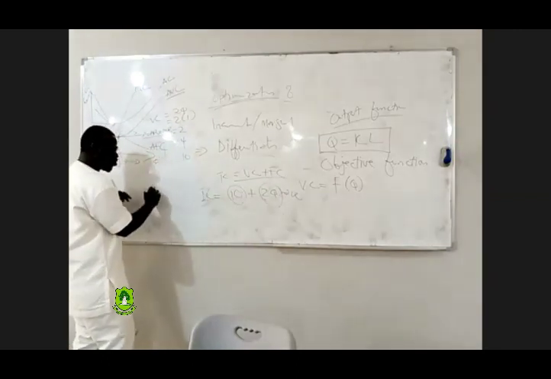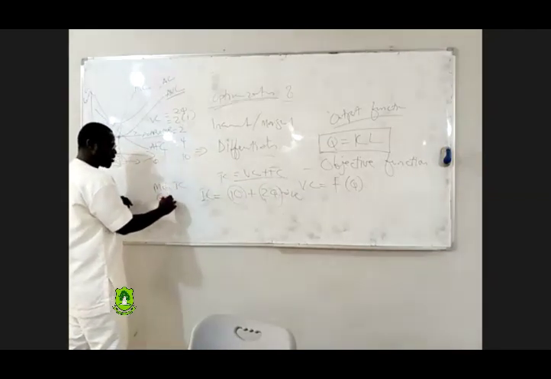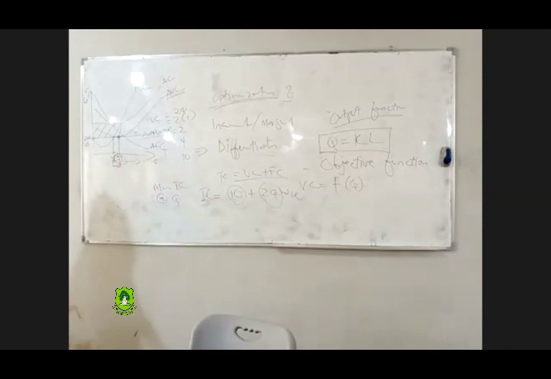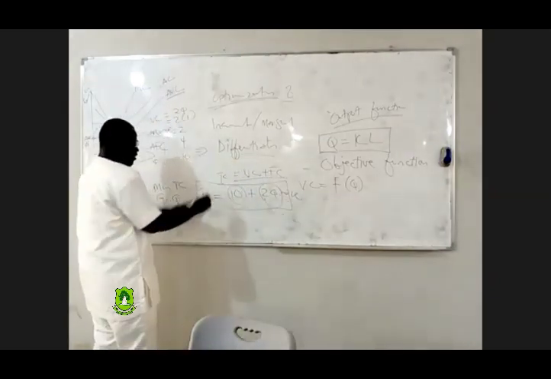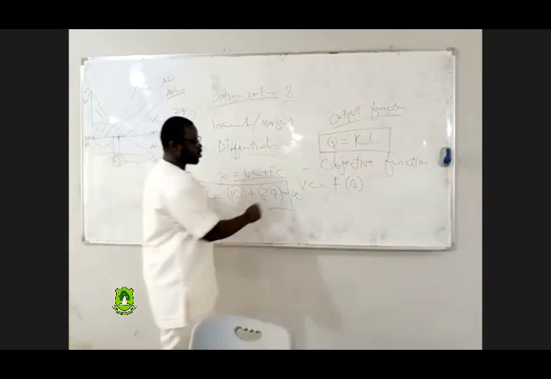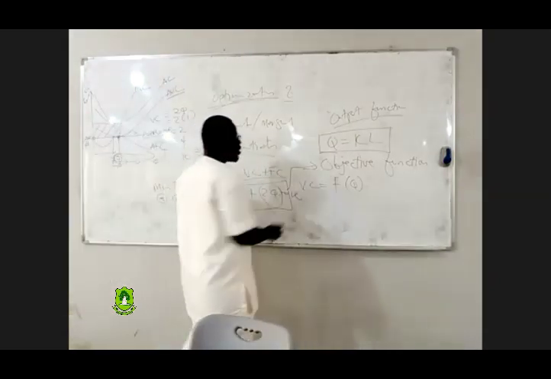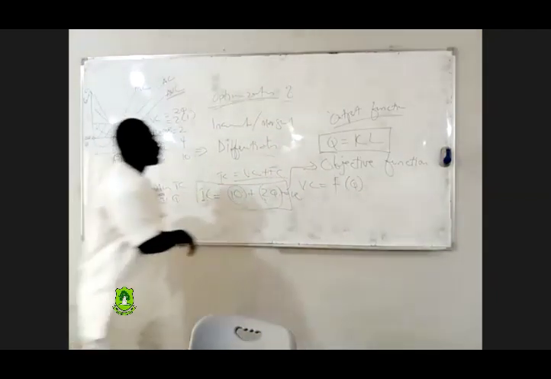Our focus should be on minimizing total cost at a certain level of output. So this particular function that we are going to minimize is called the objective function.